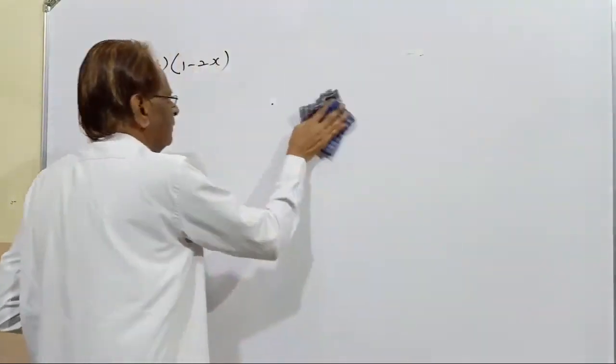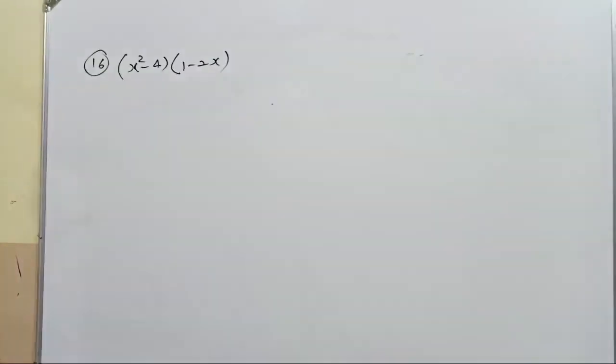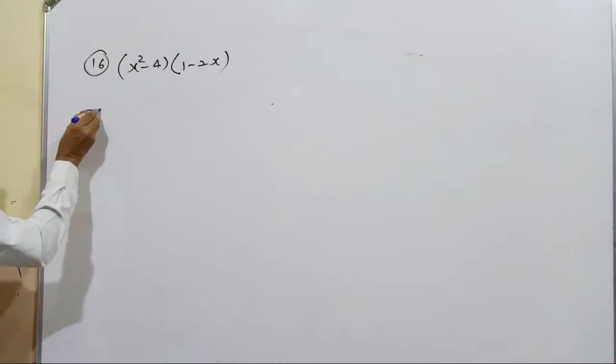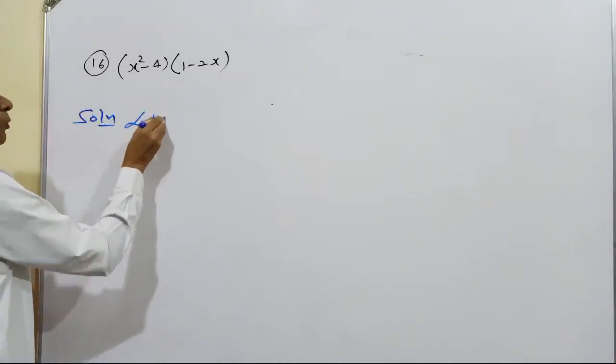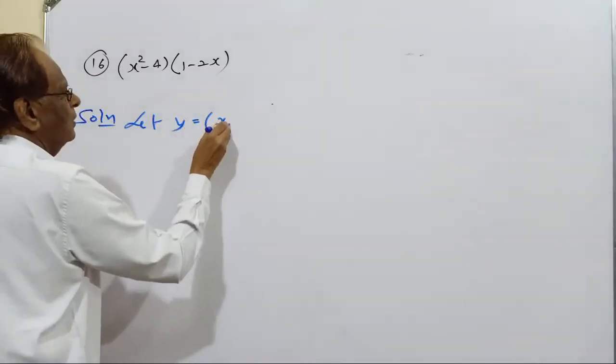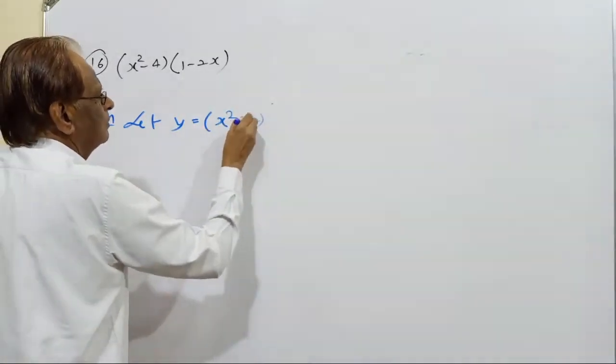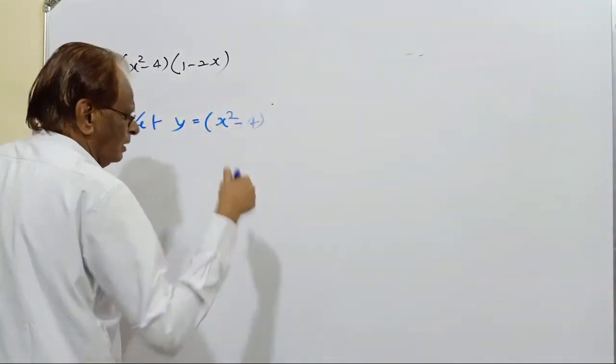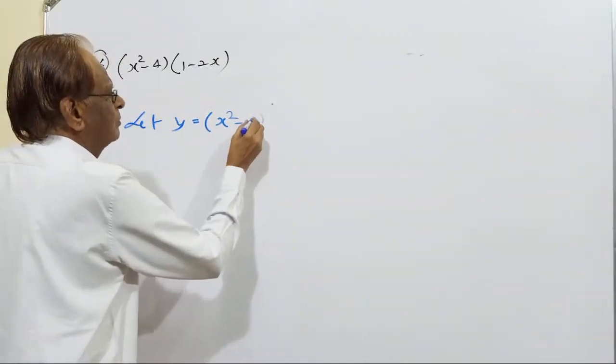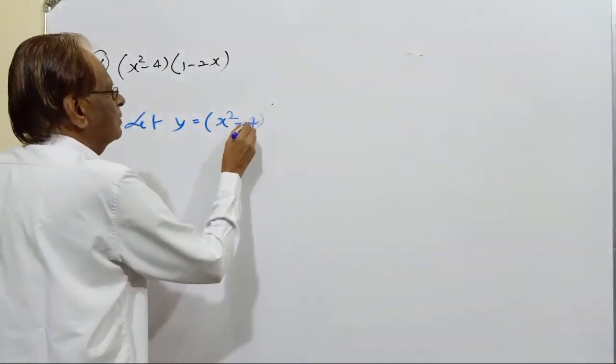That is one method. Another method is that we can directly differentiate with the help of the product rule. Let y equal to (x squared minus 4) into (1 minus 2x).